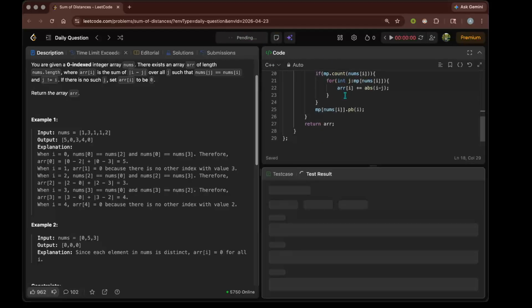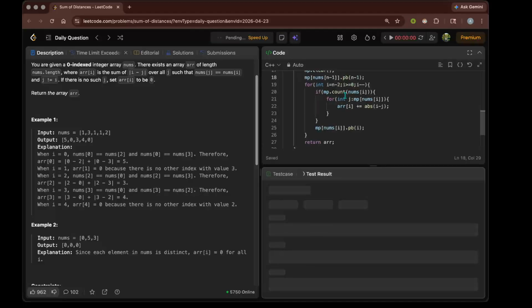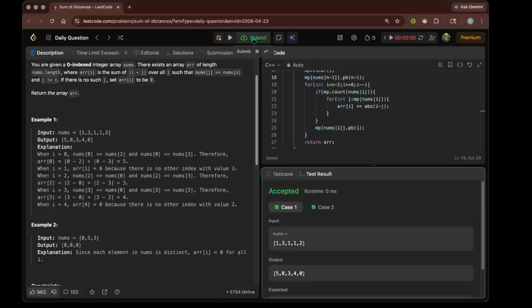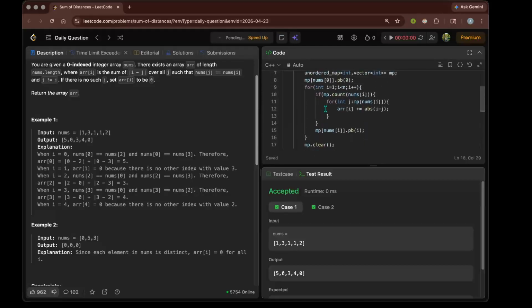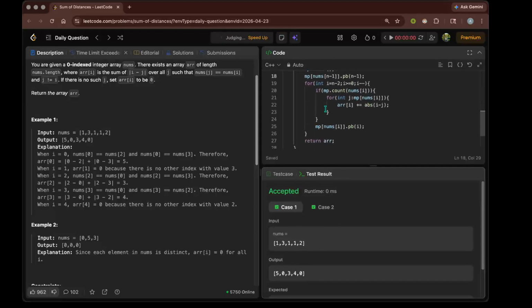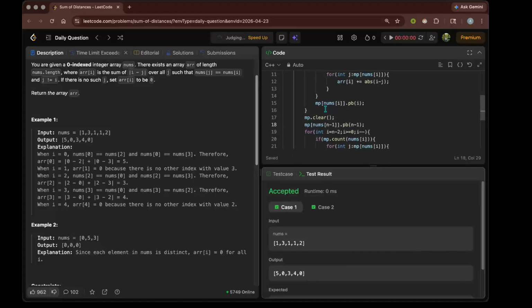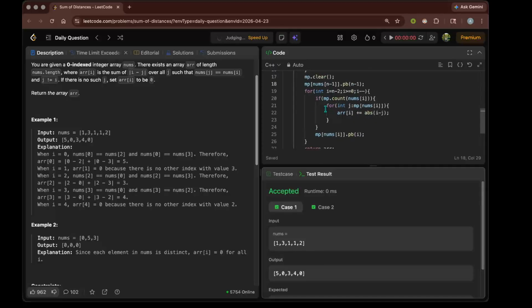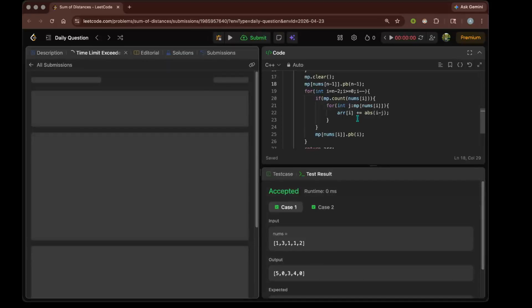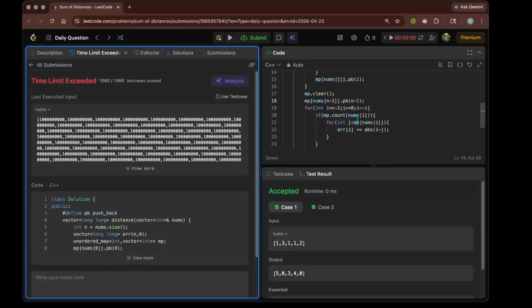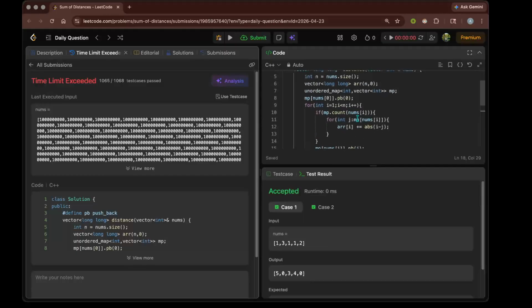It should be n minus 1. I don't know, maybe TLE also, because I can see a problem. But let's see what happens. Because this is again running n times for the last element. Yeah, it is going to be a TLE. It is going to be a TLE.